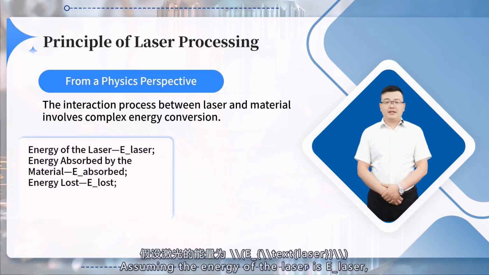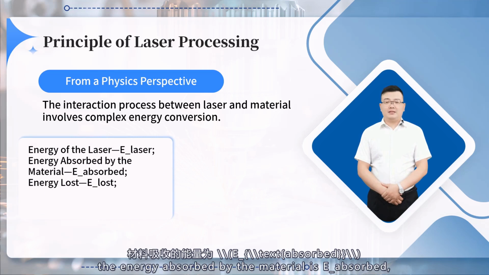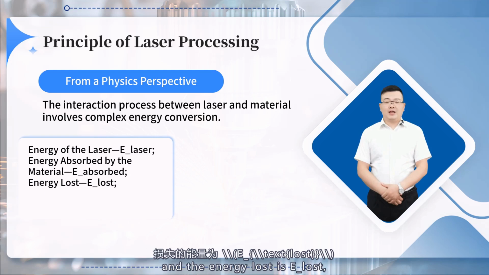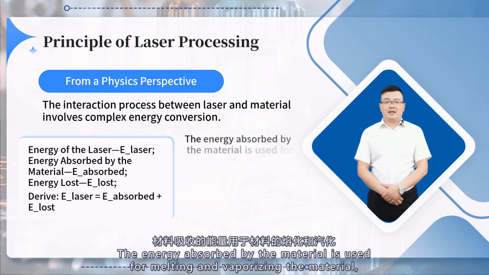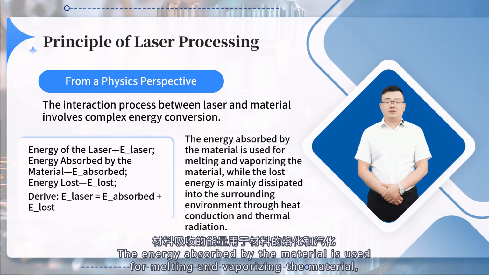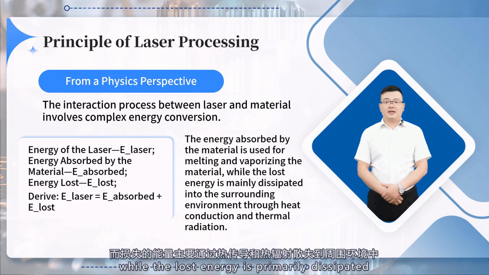Assuming the energy of the laser is E_laser, the energy absorbed by the material is E_absorbed, and the energy lost is E_lost, then we have E_laser = E_absorbed + E_lost. The energy absorbed by the material is used for melting and vaporizing the material, while the lost energy is primarily dissipated into the surrounding environment through heat conduction and thermal radiation.